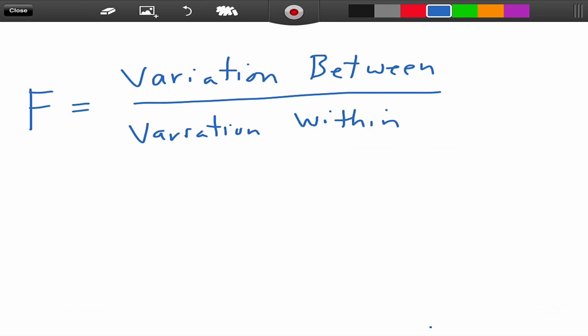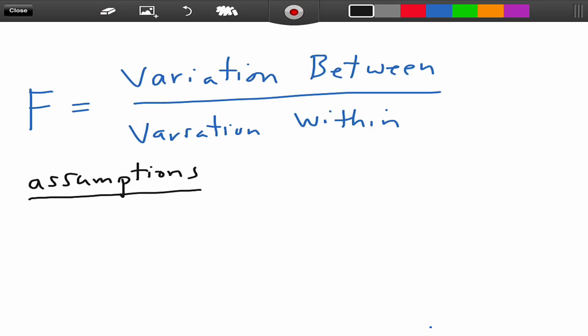Now, Anova has some really strict assumptions. So let's get this right. Assumptions that must be present in order to implement an Anova.